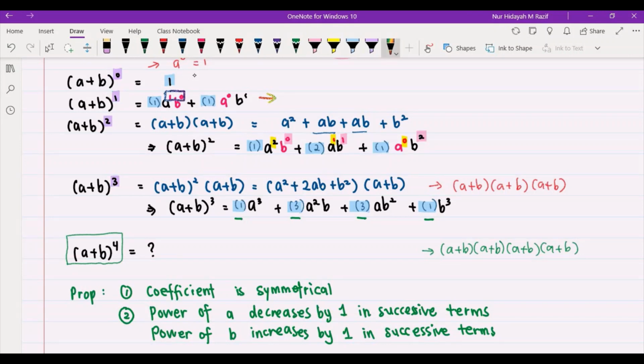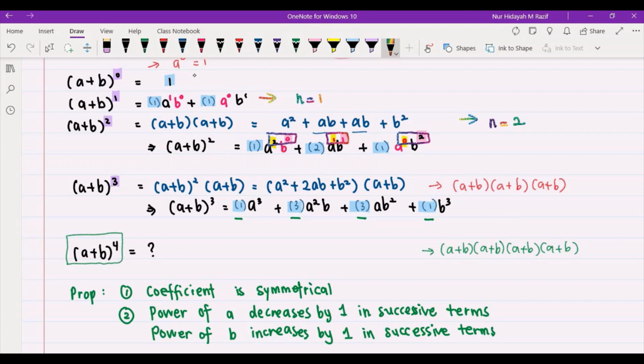So in this case, my n is equal to 1. And if you take a look here, the power of a added to the power of b: 1 plus 0 is equal to 1, 0 plus 1 is equal to 1. Same as this one. In this case, my n is equal to 2, and if you observe the powers for a and b and add them up together, you still get 2.